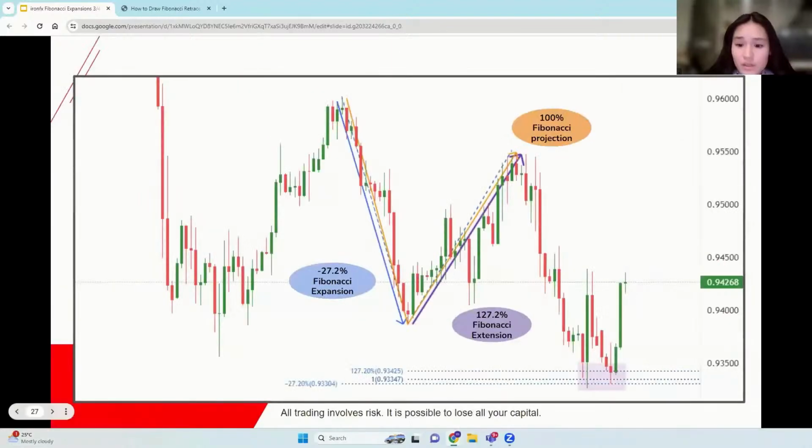In our next example, here we have a minus 27.2% Fibonacci expansion, which is in blue over here. You can see the lightning bolt shape. Then our Fibonacci extension, which again is the Nike tick, which is the purple arrow.